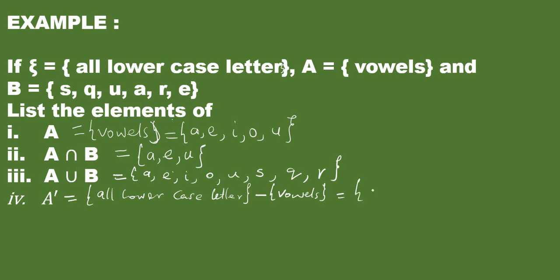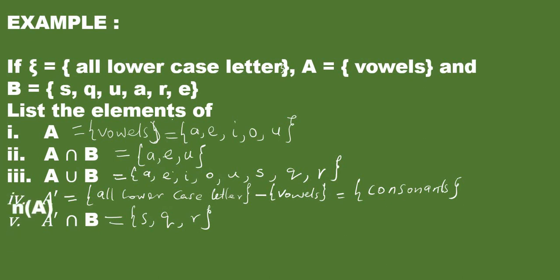So A complement is the set of consonants. Number 5 said A complement intersection B. So I'll simply go to B and search out for consonants in B. So I have my S, Q, R. These are the consonants in B, so they are the intersection there.